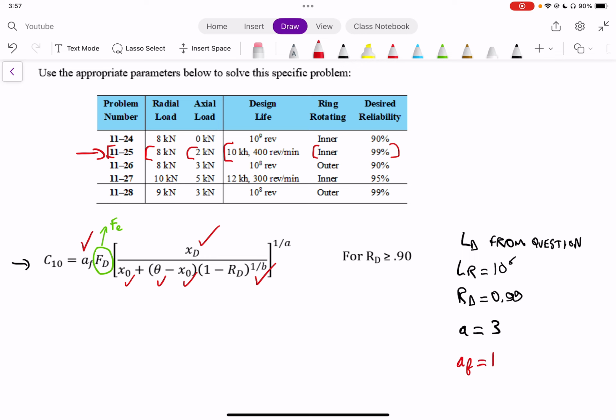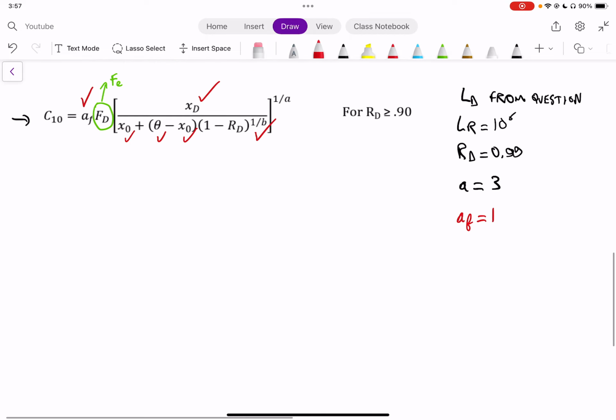First thing we can calculate is our XD value. We're going to calculate XD first because we know we're going to have to use it in the equation. Right now we have a life that's given to us in hours, so we want to convert that into a life desired in revolutions so that we can then find XD.